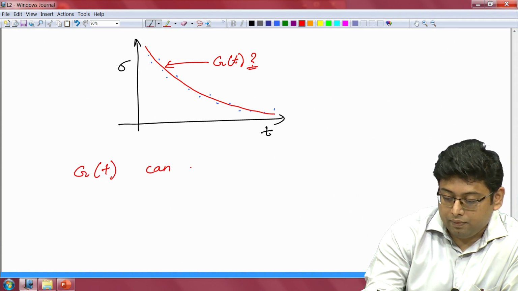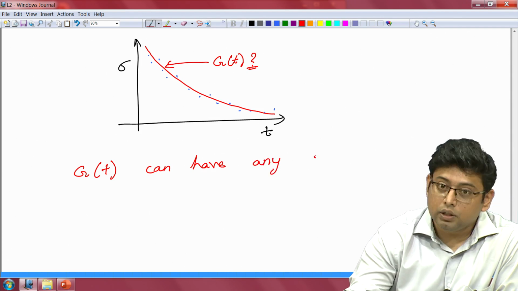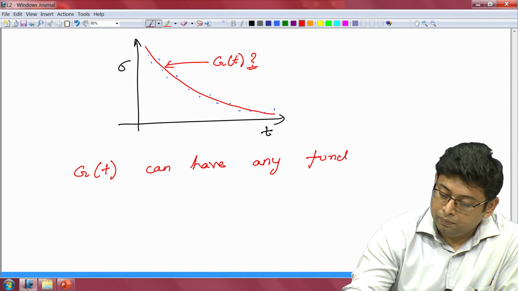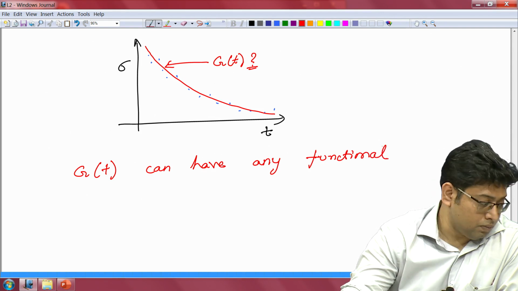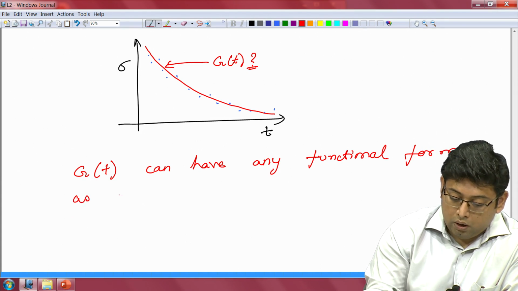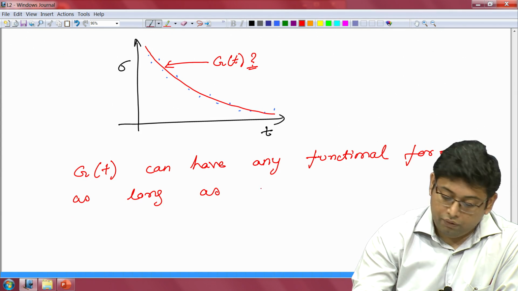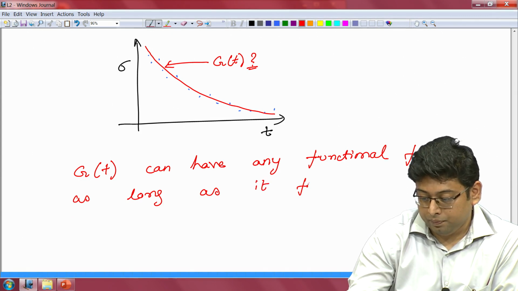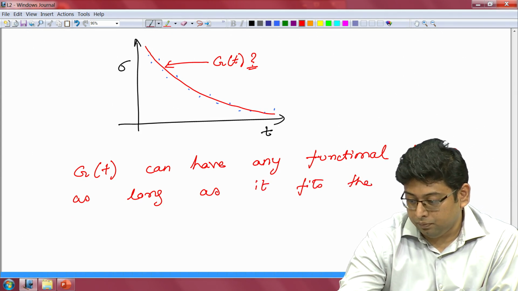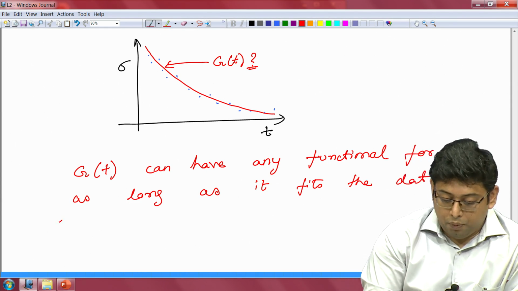Now, G(t), it turns out, can have any functional form as long as it fits the data.